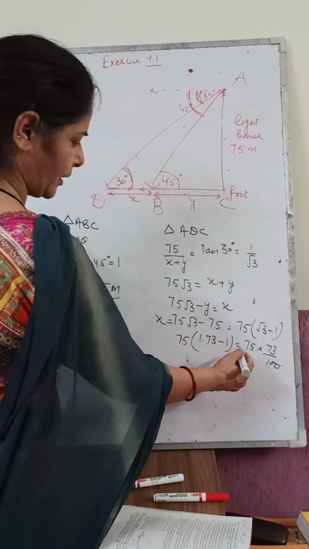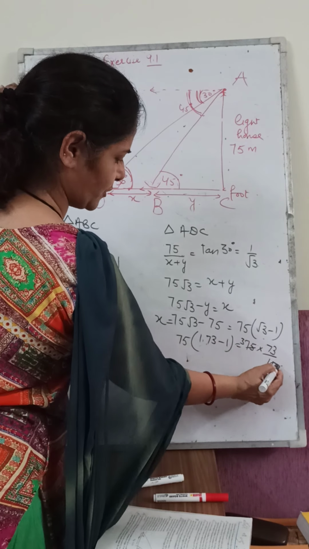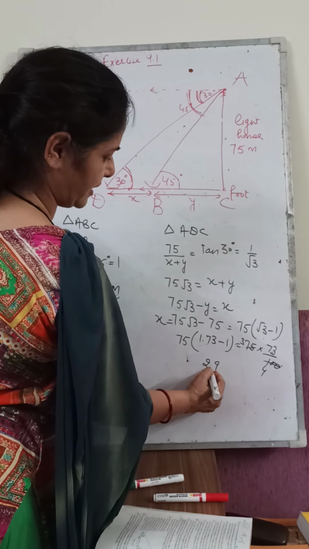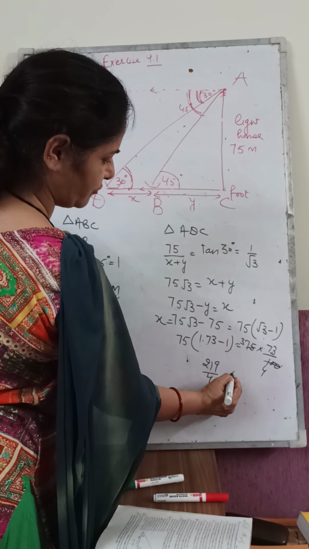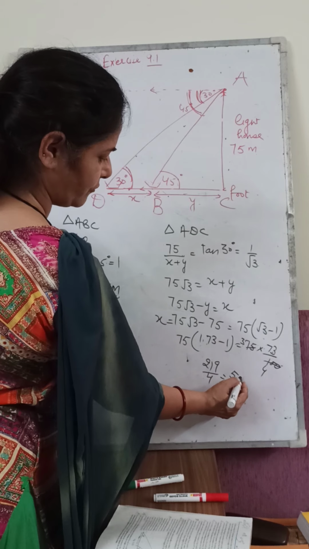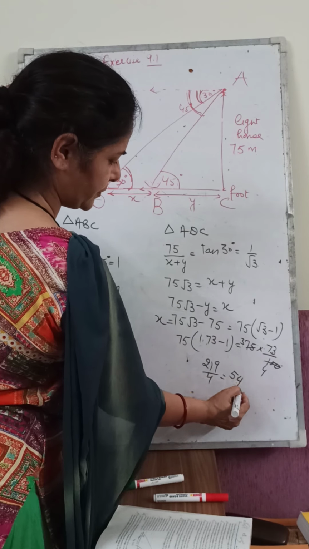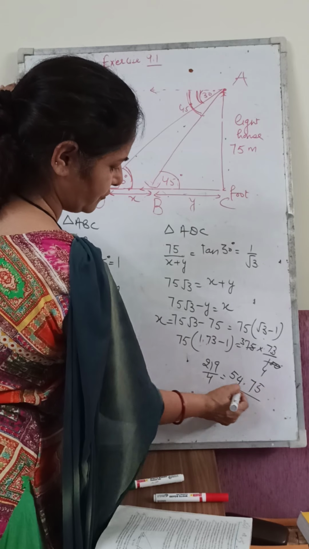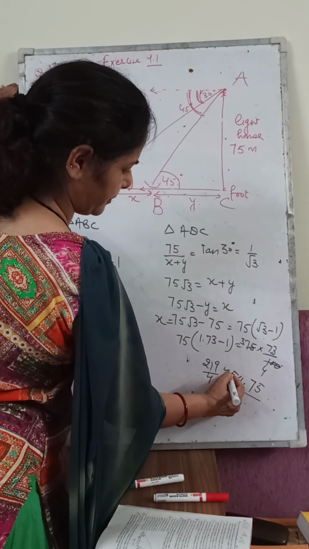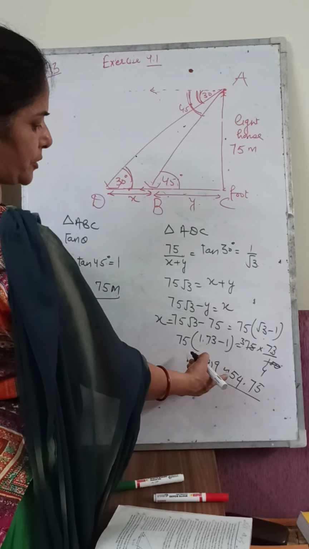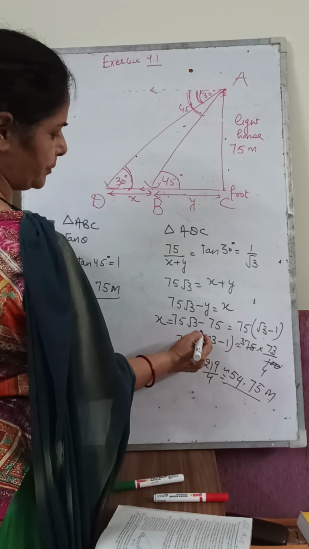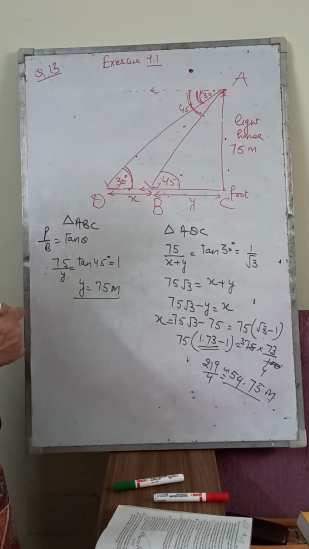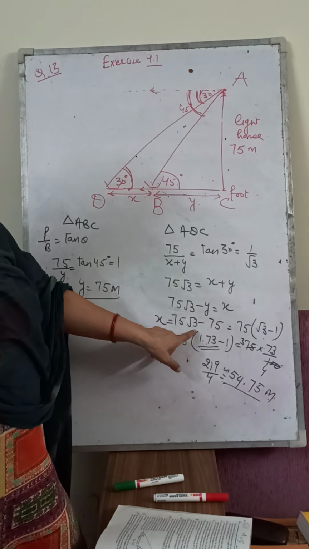Then you do the multiplication. This comes out to be approximate. Why we are writing approximate? Because here root 3 value we have taken till 2 decimal places. So we have taken approximate value of root 3.